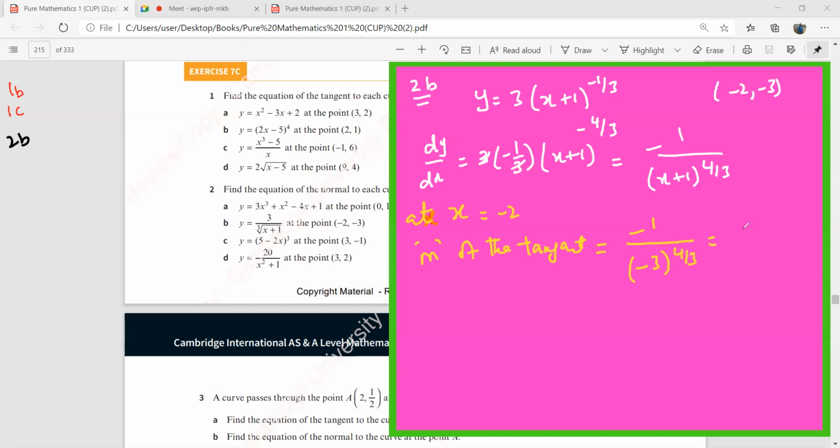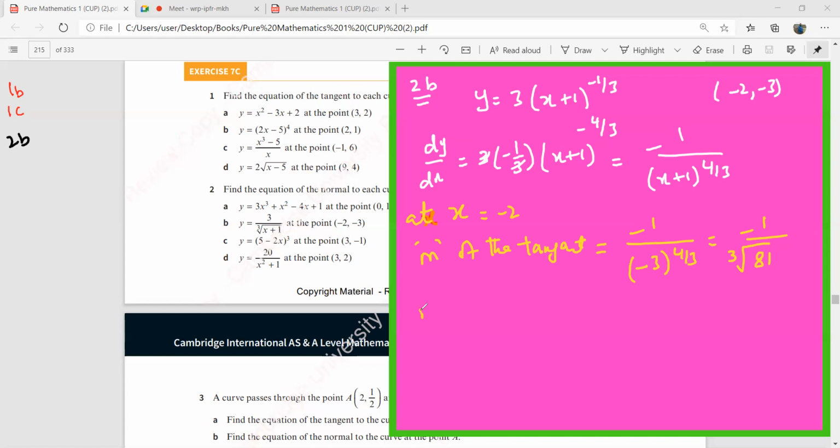So because of this 4, you can write it as minus 1 over 3 raised to 4, which is 81, okay? And this is the cube root of 81. You can keep it in this form, or you can write this in decimal.